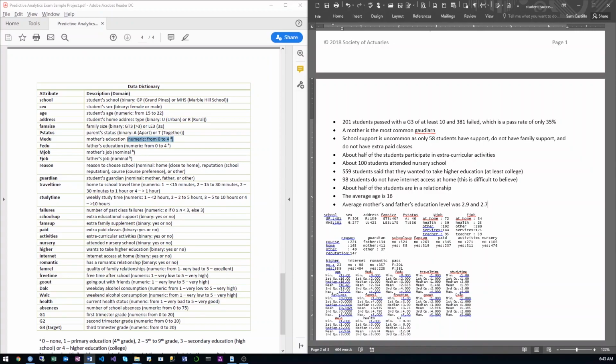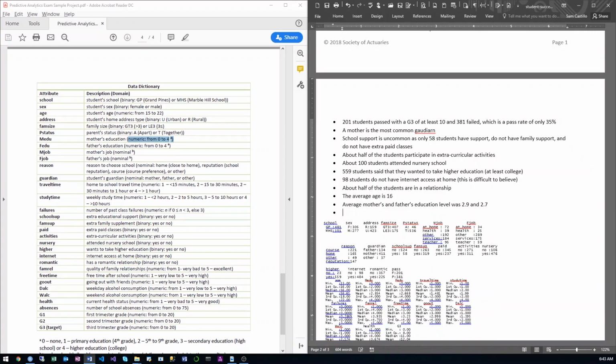Travel time is on average 1.4. Now it's interesting that these are numeric values when they're really referring to minutes. So it's 1 to 15 minutes, 15 to 30 minutes, 30 minutes to 1 hour. So they are in order, and that means that they could be used in a model either as a numeric value or as a factor.